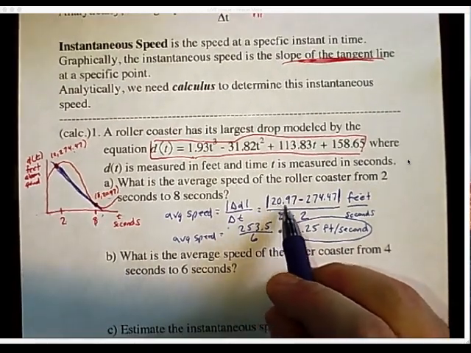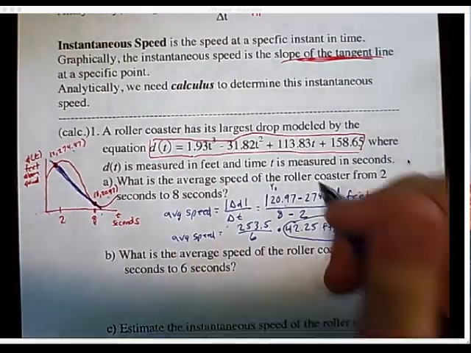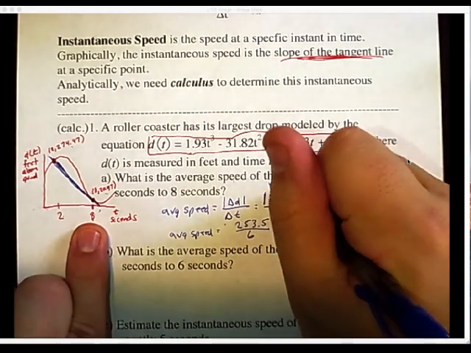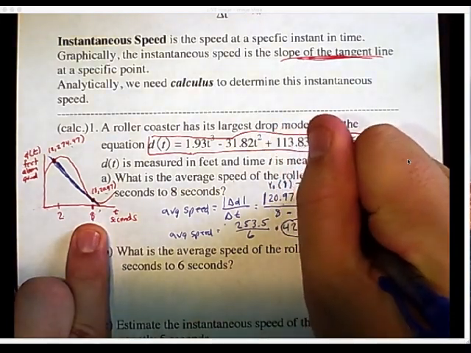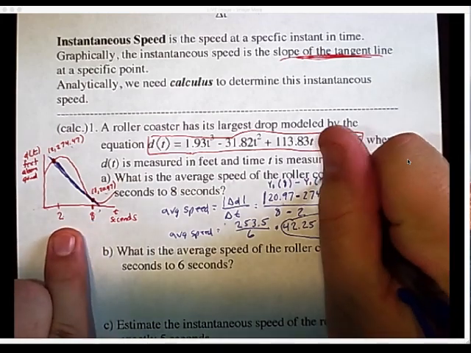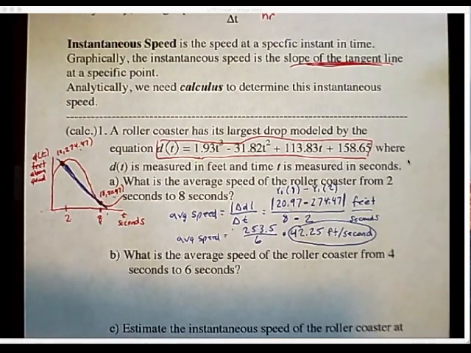This number right here was the y1 function evaluated at 8 seconds, minus this number right here, which was the y1 function evaluated at 2 seconds. So just watch what I do here for a second.